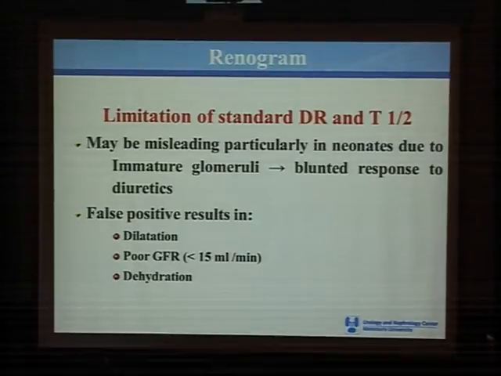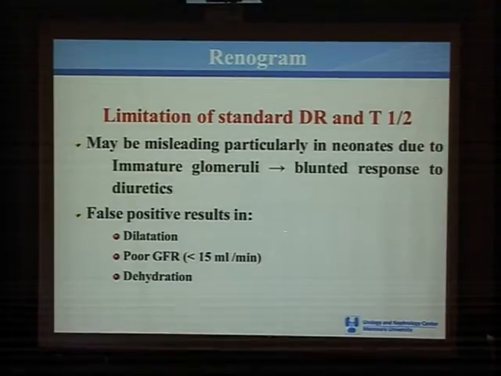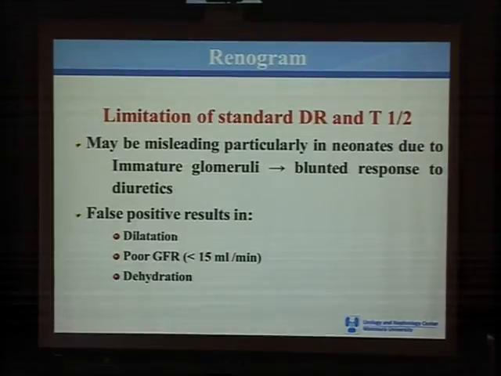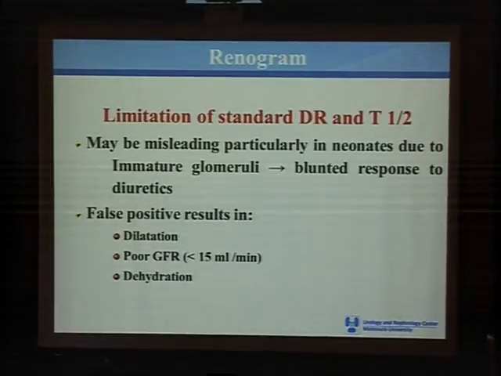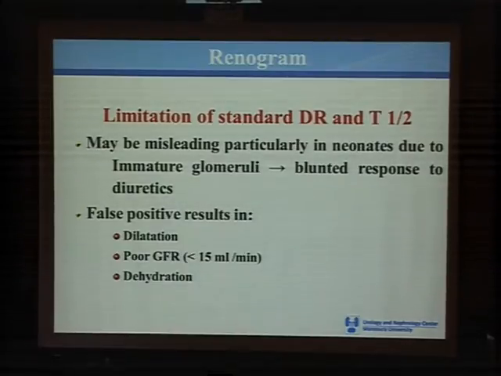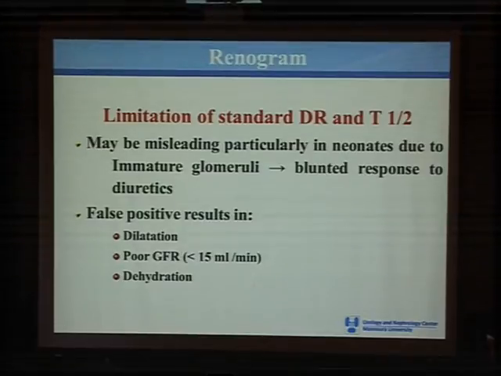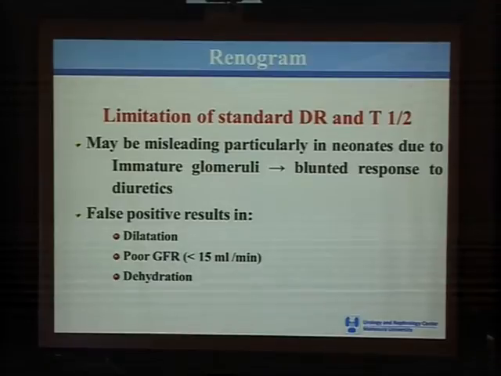It is a weak response to Lasix. And also it may give a false positive result in dilatation of the pelvicalyceal system, when the glomerular filtration rate is less than 15 milliliter per minute, and in case of dehydration. So these are the limitations of the standard diuretic renogram and half-time drainage.